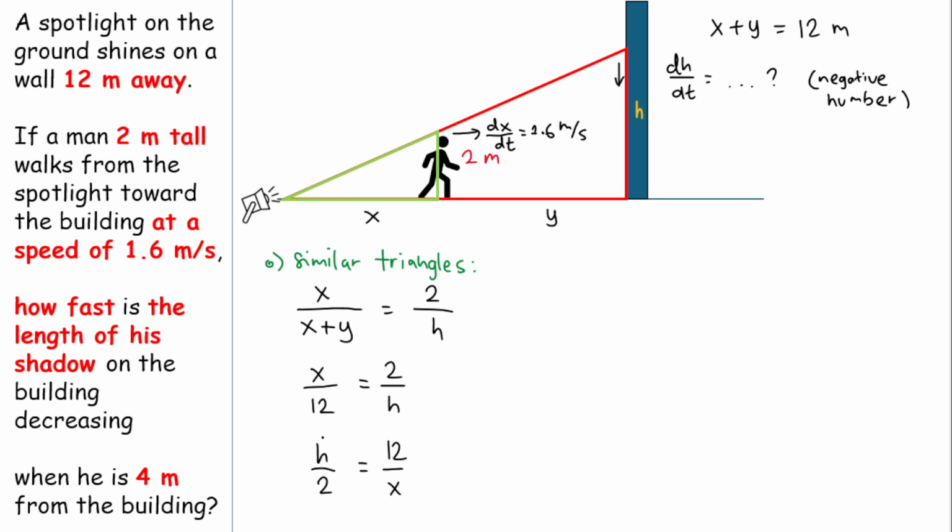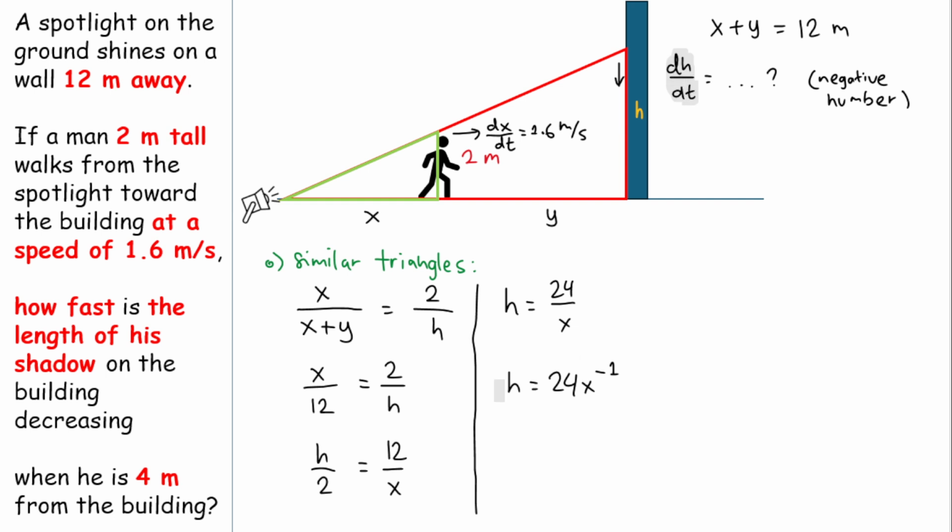And then we can isolate for H. And therefore H is equal to 24 divided by X. Or we can have H equal to 24 X to the minus 1. Good. But then we are looking for dH/dt, right?